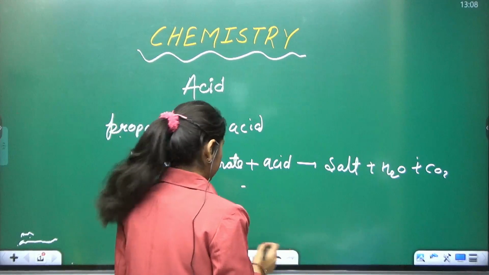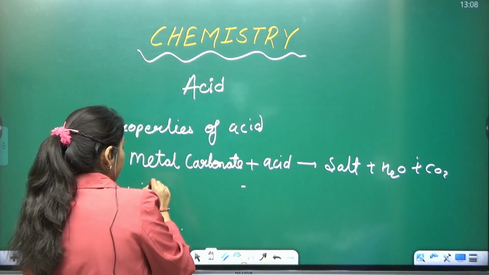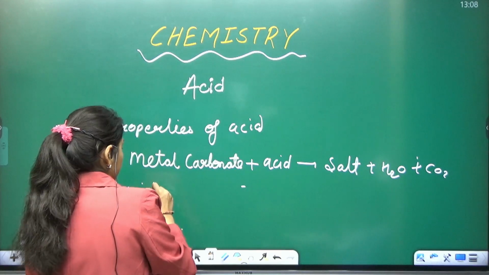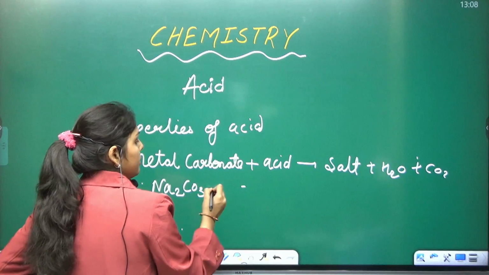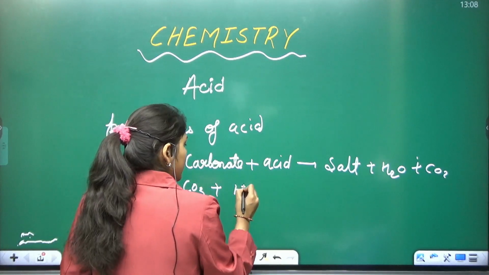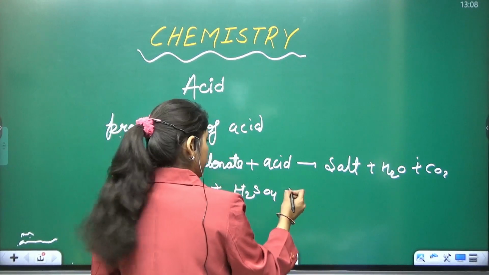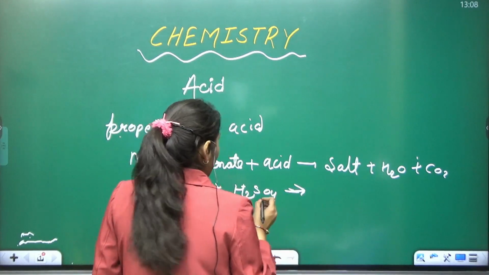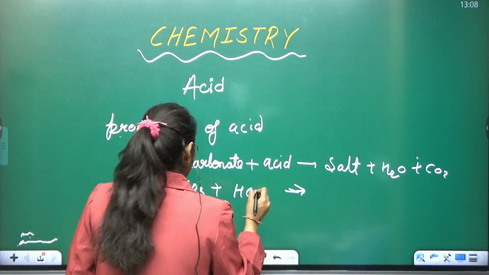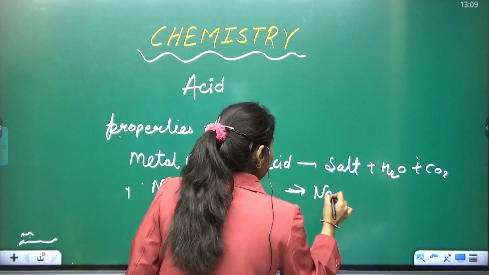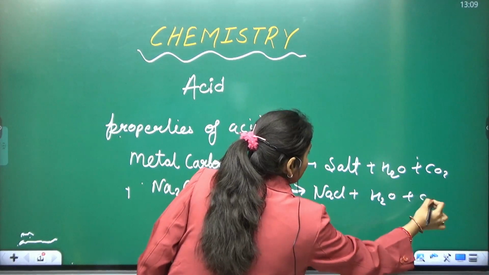You can see by this equation: if you take sodium carbonate plus H2SO4 or HCl, you will get NaCl plus H2O plus CO2.